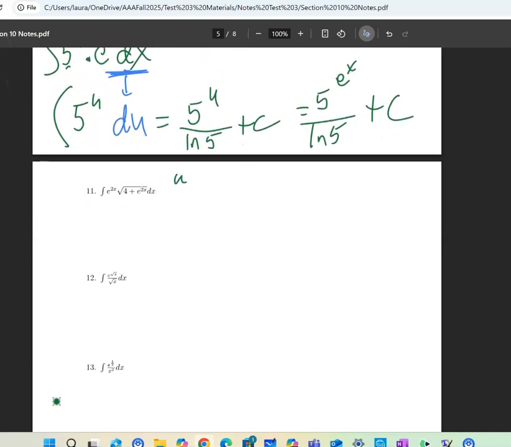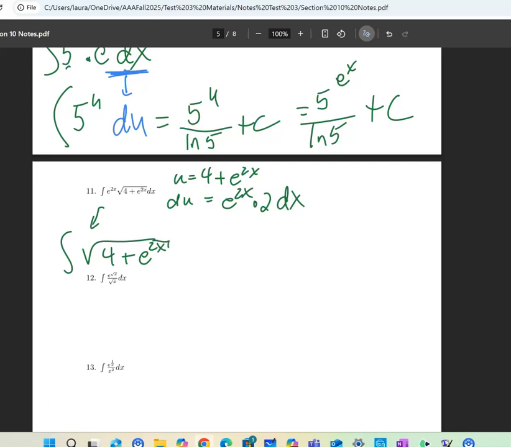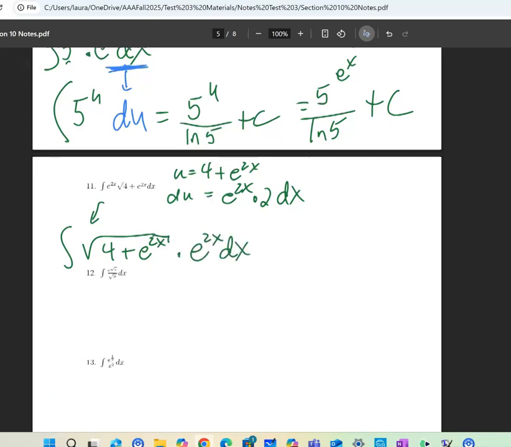So again, I'm always letting u equal the inside function. So I know the derivative of e to the 2x is e to the 2x times 2, right? Okay, so if I take this and rewrite it, 4 plus e to the 2x, and then I would move that e to the 2x dx off to the side.